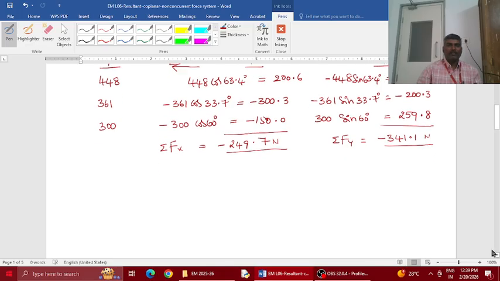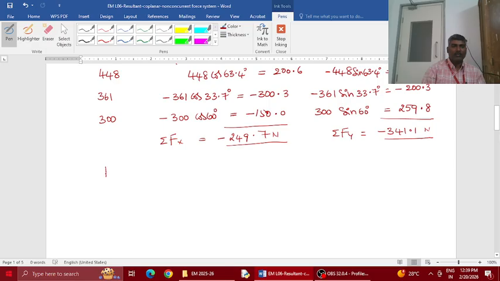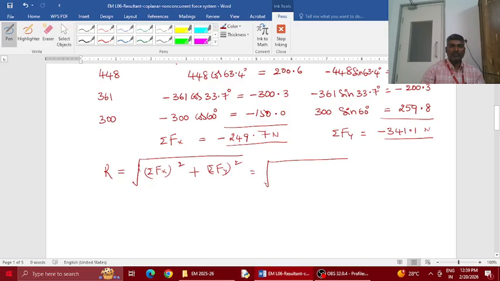Okay. So with this, now you can find the magnitude of resultant. So you know the formula from the parallelogram theorem that sum of x forces whole square plus sum of y forces whole square. So just substitute into this equation. As you are squaring, the negative sign becomes positive.